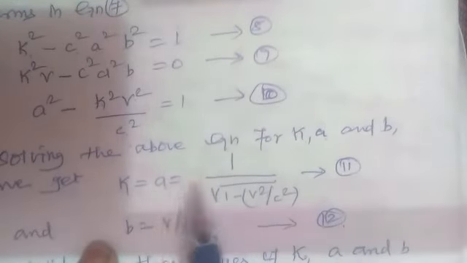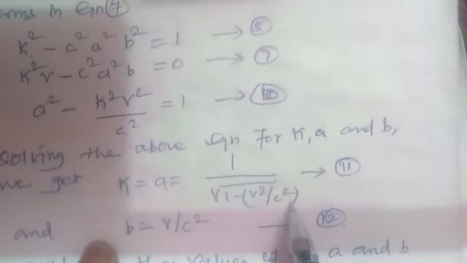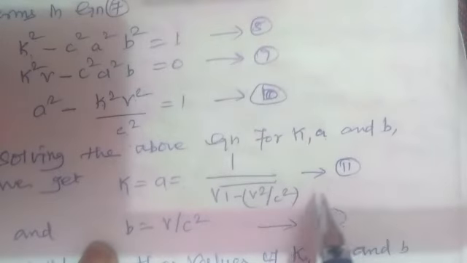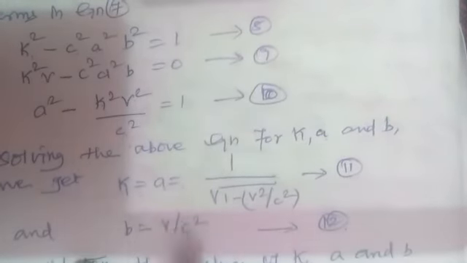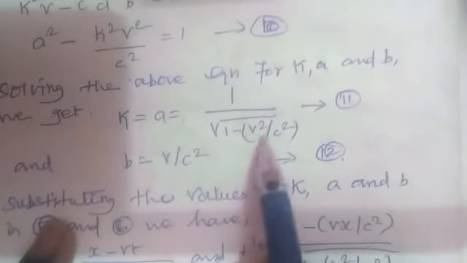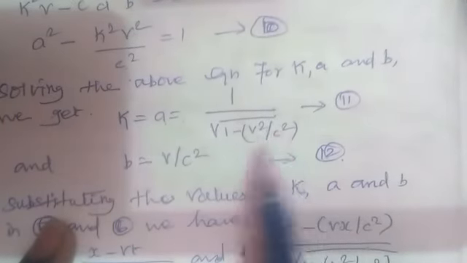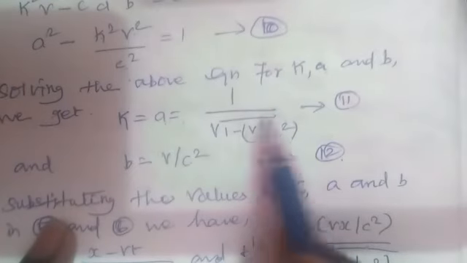K equal to a equal to 1 by root of 1 minus v square divided by c square, equation number 11, and b equal to v by c square.